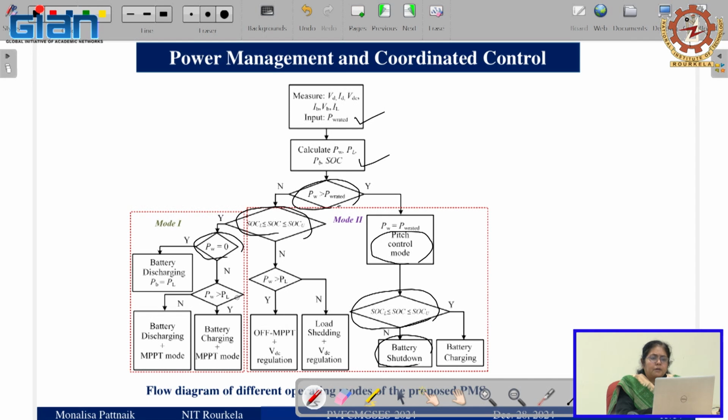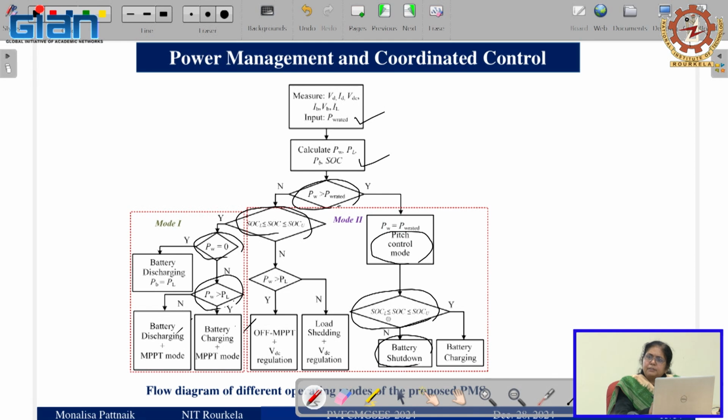If wind power is more than the load power, the excess power is used to charge the battery and the wind system operates in the MPPT mode. Similarly, if the wind power is less than the load power, the battery will discharge and the wind system operates in the MPP mode.